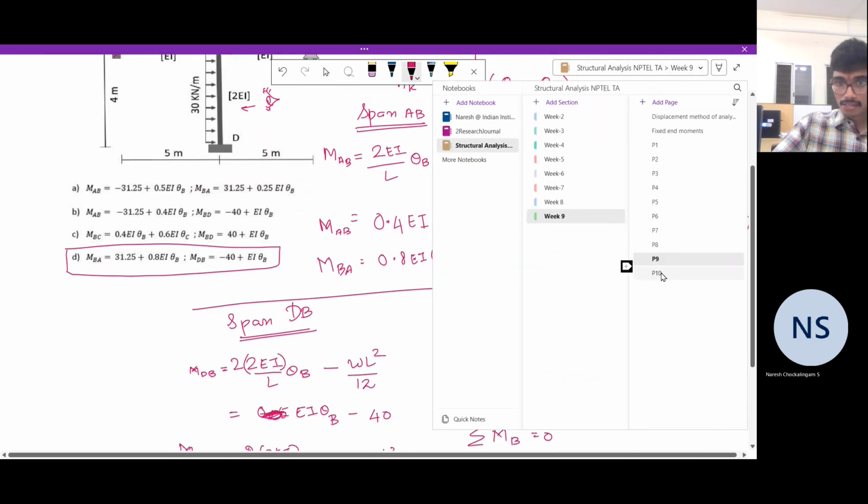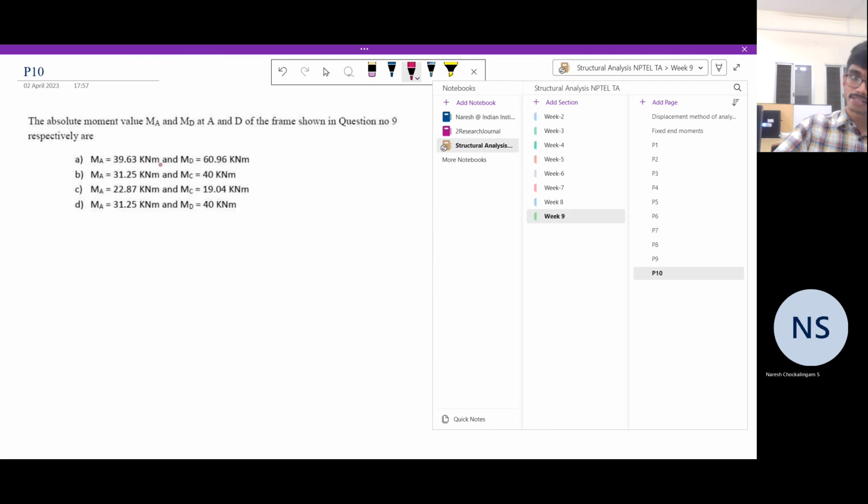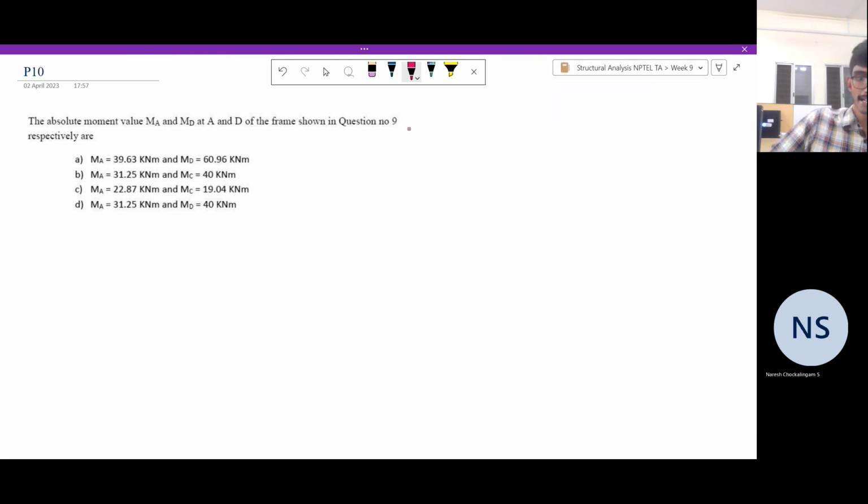Now the next question. We are asked to determine the moments at the joints A and D of the frame. So we have got EI theta B as minus 20.955. Now MA is nothing but MAB.